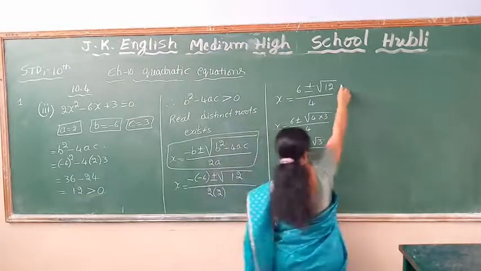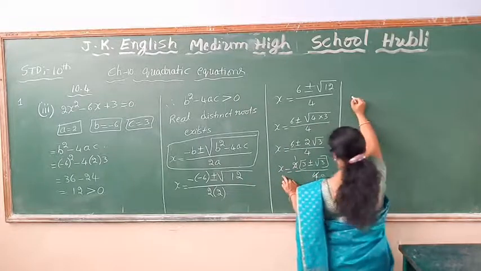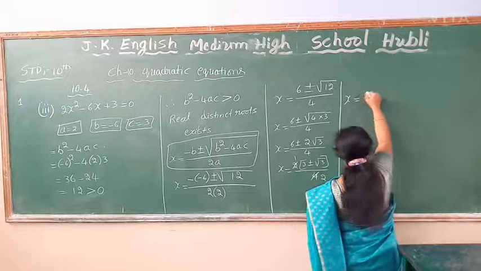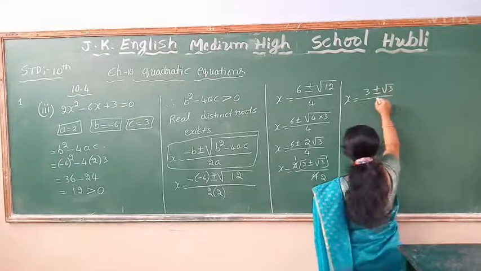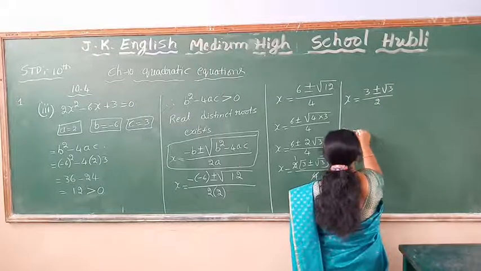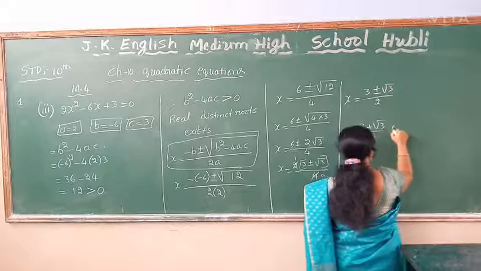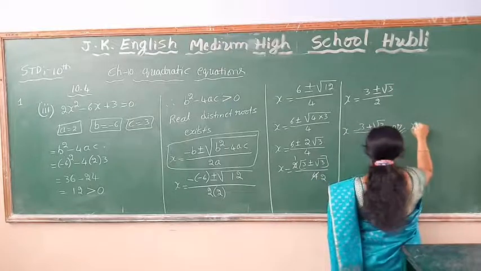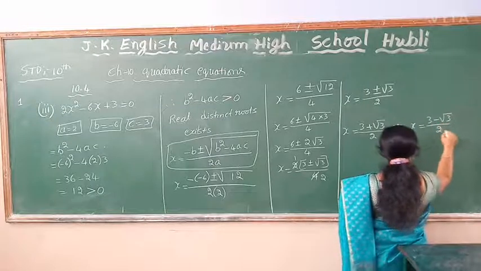Therefore, I will get the roots. The 2 distinct real roots are x is equal to 3 plus or minus root 3 divided by 2. x is equal to 3 plus root 3 divided by 2 or x is equal to 3 minus root 3 divided by 2.